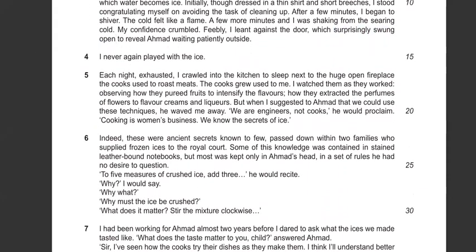So yes, here it is. These were the ancient secrets known for the few, passed down within the two families. Let me highlight the text with you. Passed down within two families who supplied frozen ice. We can omit this phrase about who the families were, because it is the introduction about the families and is not required in our question.